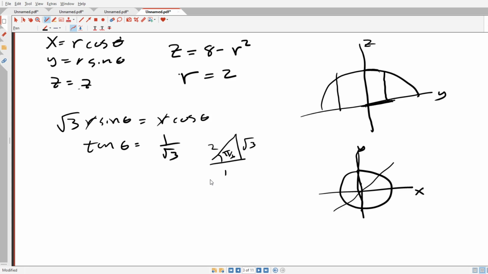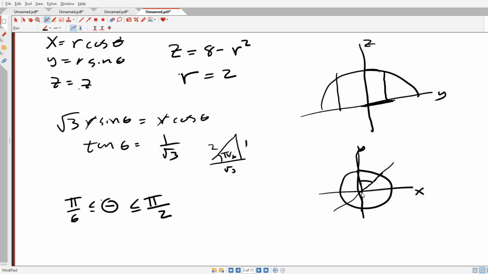Is that right? Oh, because I drew that wrong. Yeah, that's pi over 6. So theta goes from pi over 6 to pi over 2.